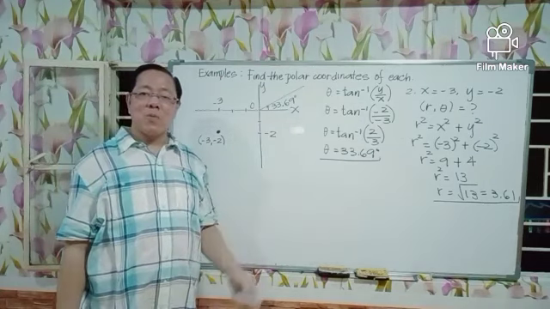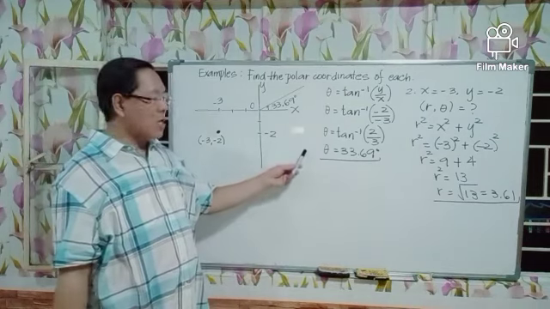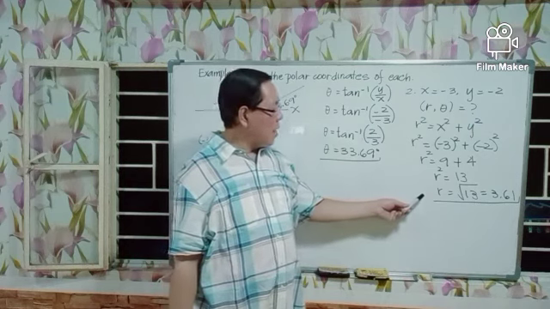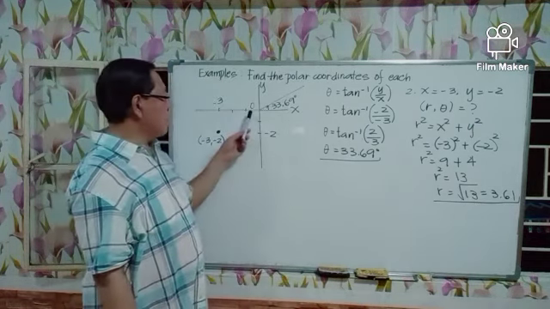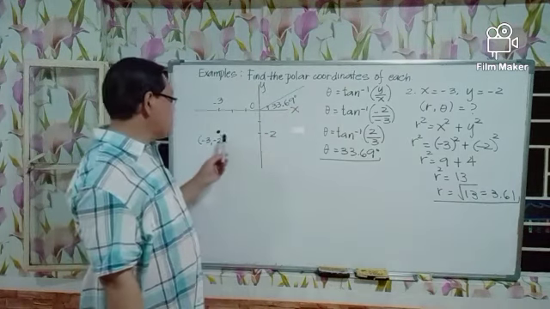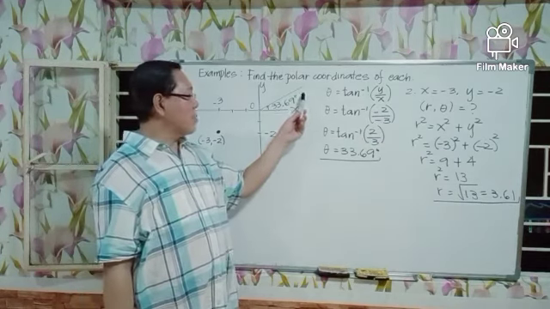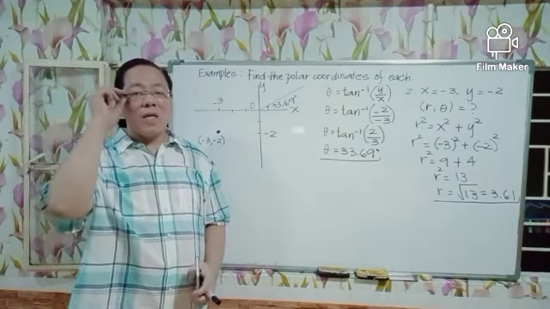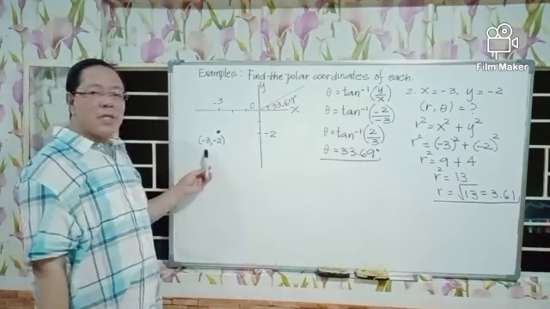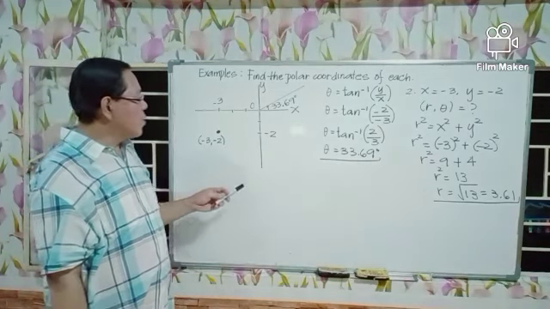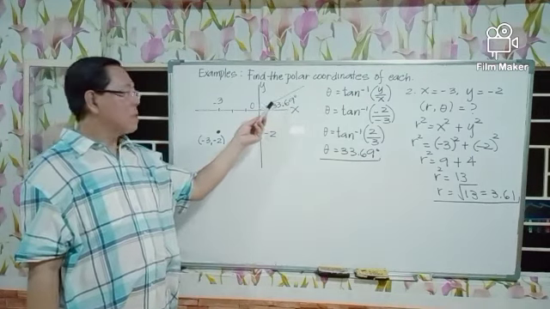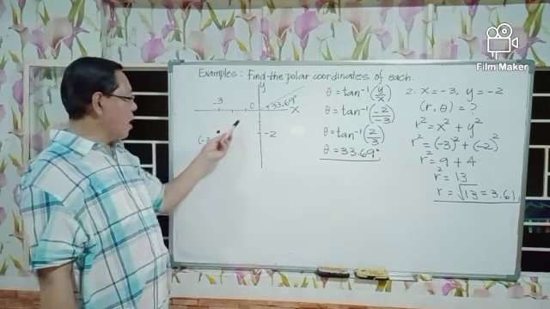And when we plot a point with polar coordinates, after we measure the angle, we count r units from the origin. And r is 3.61 units. If we count from the origin 3.61 units, you will not land at this point. You will get a point on the terminal side of 33.69, and that's a different point. That point does not have the Cartesian coordinates -3, -2. So what you do, you draw the extension of this terminal side of 33.69 degrees in the opposite direction.